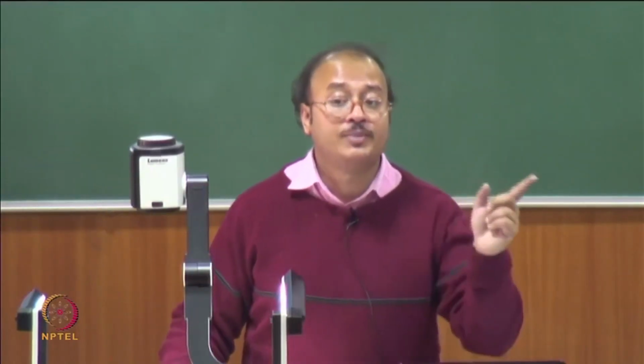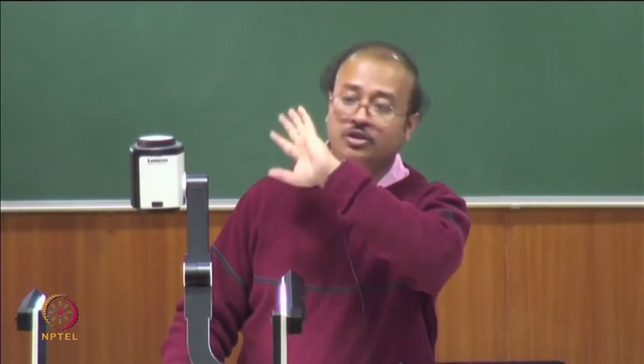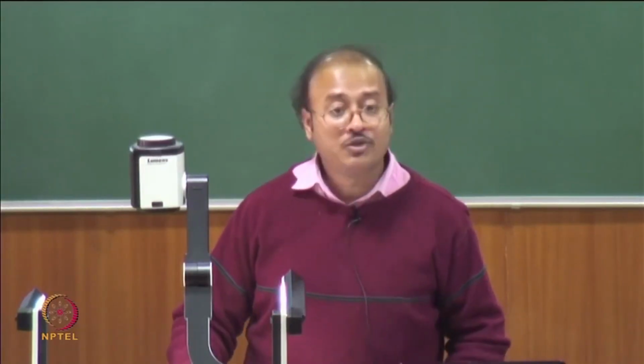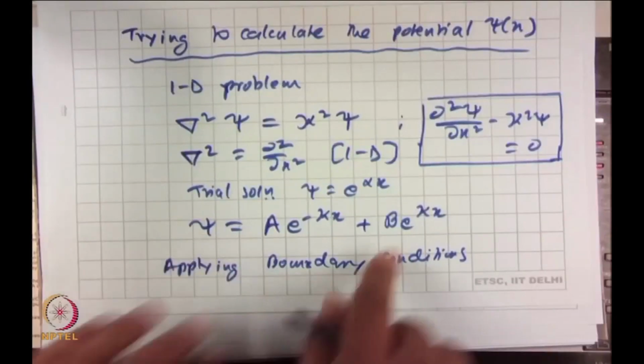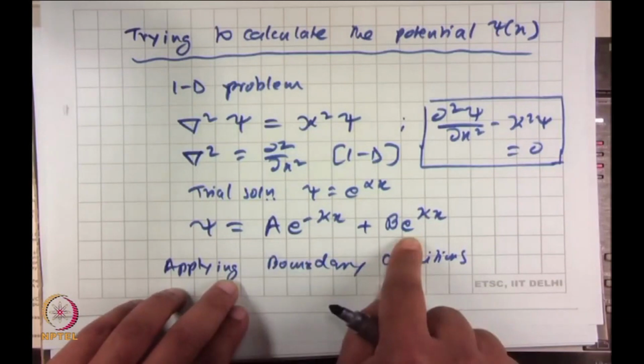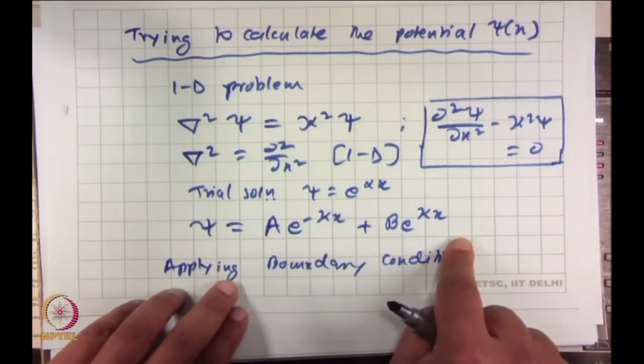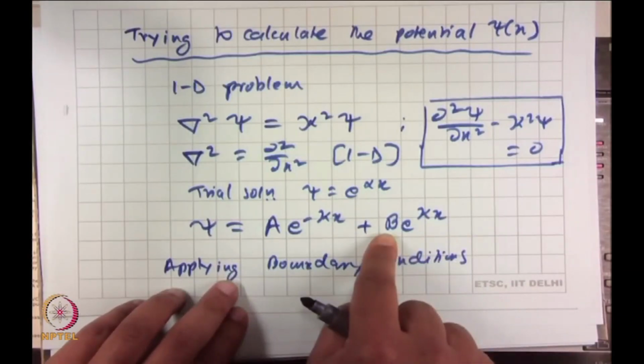Remember, psi of x is from the plane, it should be 0 because you are much farther away than your Debye length. So, if it is 0, that means psi would be 0. So, you can understand if you put x equal to infinity here, this guy goes to 0 anyway, because it dies out, right, but this one does not go to 0, this one cannot go to 0, but your psi has to go to 0 at x equal to infinity, then which one will go to 0? B will go to 0.